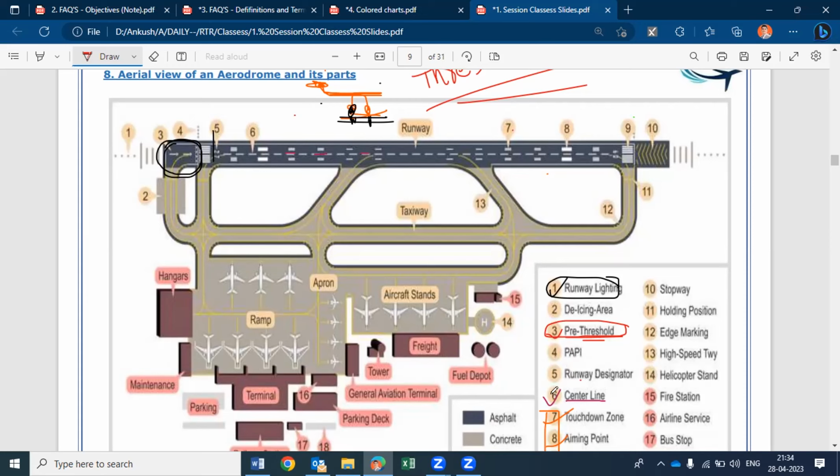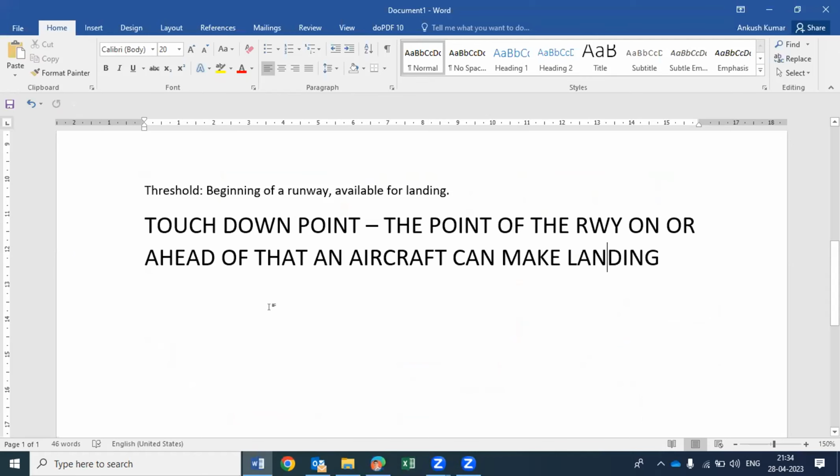Then something you are seeing here, runway designator. What does it really mean? Runway designator means runway number.